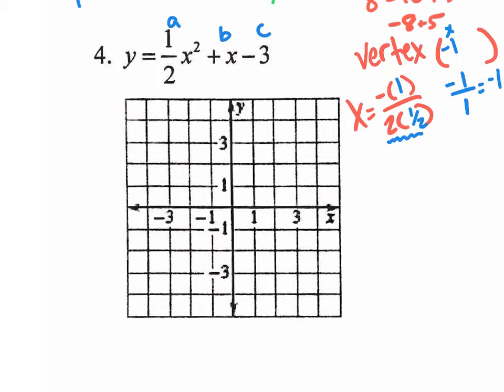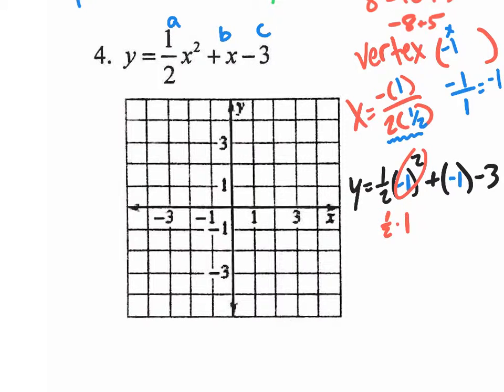In order to find my y value, I need to plug it into the original quadratic trinomial equation. So I have y equals 1/2 times x squared plus x minus 3, and we're plugging in a negative 1 right in there. And when I do the exponents, negative 1 squared, in parentheses, that really is positive 1, and then 1 times 1/2 is 1/2, and then plus negative 1 minus 3, that will give us a final answer.